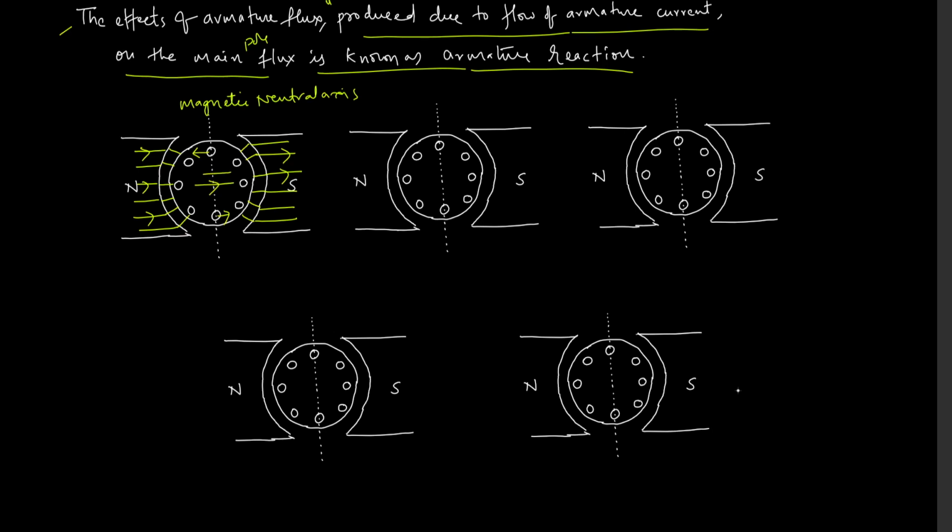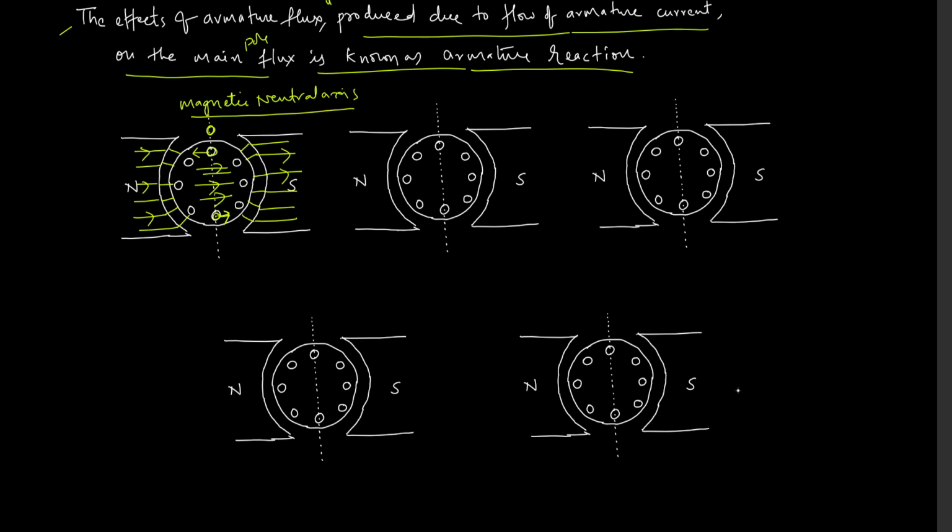These are all flux lines, going like this, and the conductors are moving parallel to them, hence the net rate of change of flux is 0, and the EMF induced in conductors placed on this axis will be 0. That position is called the magnetic neutral axis.